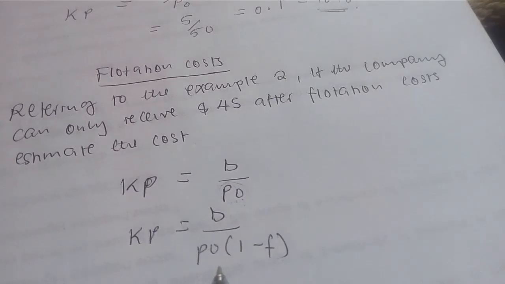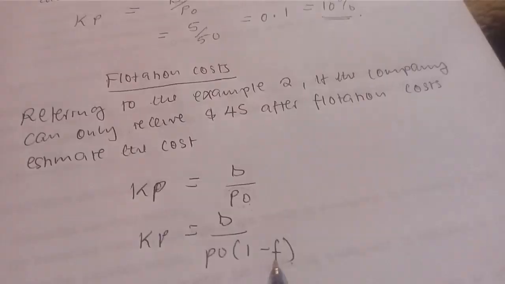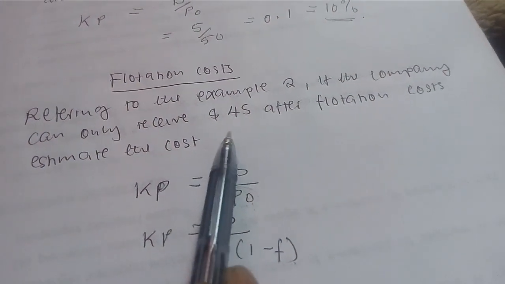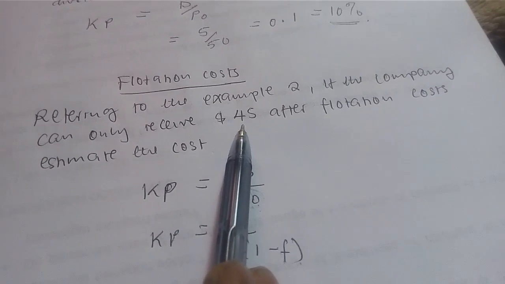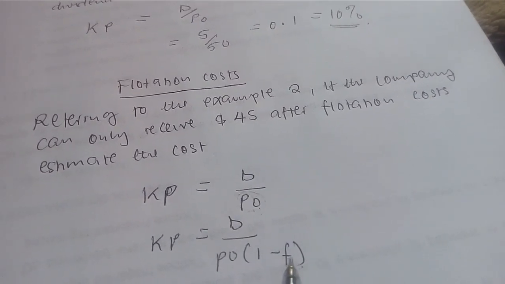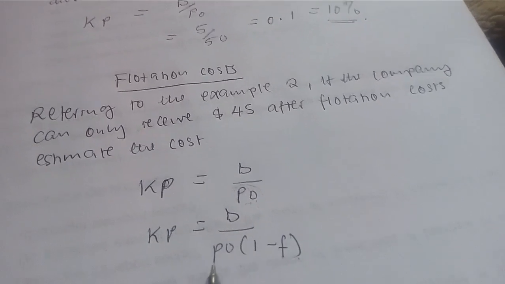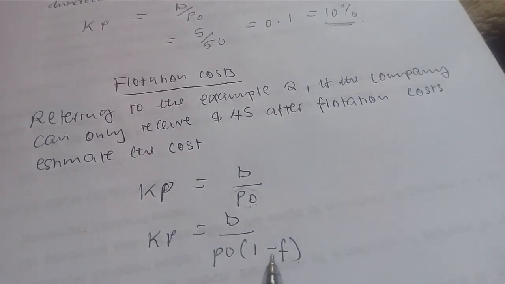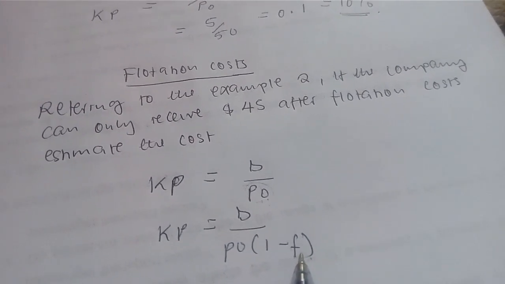So this formula is only applicable when the flotation has been given in percentage form. For example, if there was a 10% flotation cost, then it will be 1 minus 0.1 in this formula. So dividend remains the same and the price remains the same. The only thing that changes is when the flotation cost has been involved.